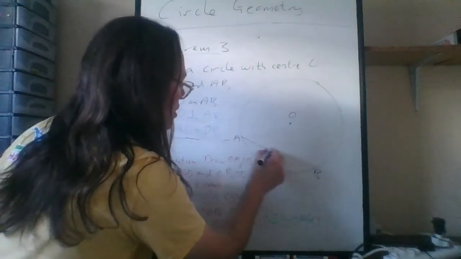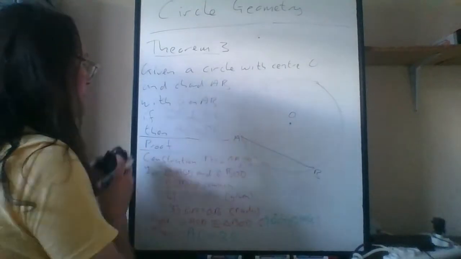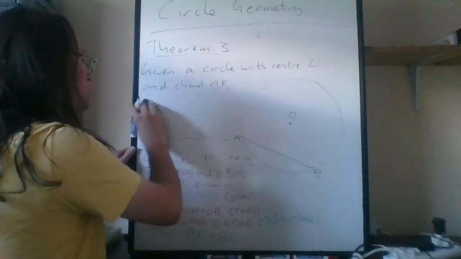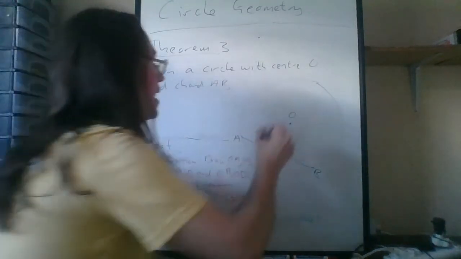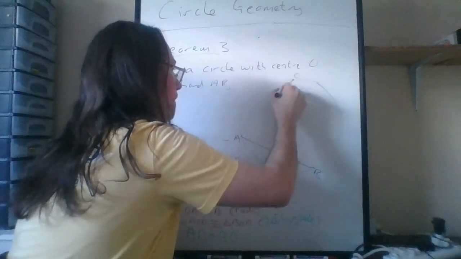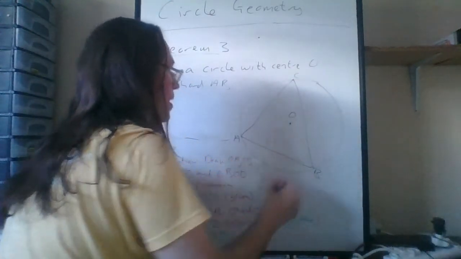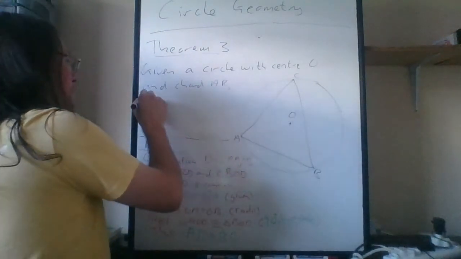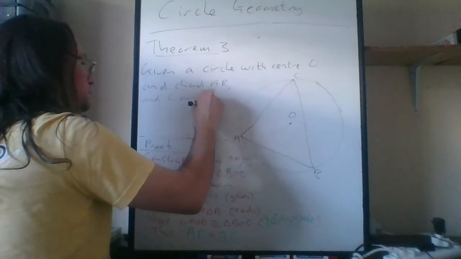I can draw in chord AB. We don't have D on AB, so these all come out. And we take a point C on the circumference.